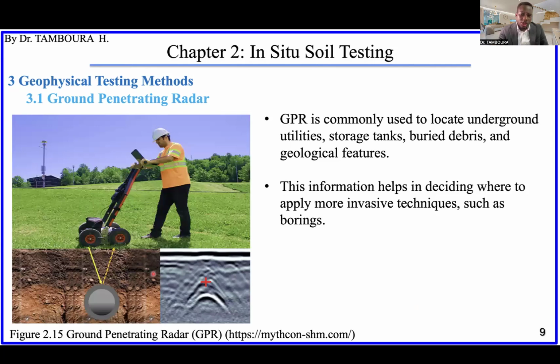This information helps to decide where to apply more invasive techniques, such as boring, or if you want to do any CPT or SPT. After scanning the field, you can know that at this place there is a buried pipeline, tanks, or some object in the ground.